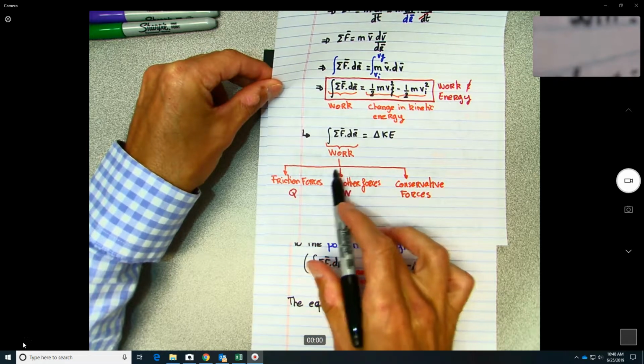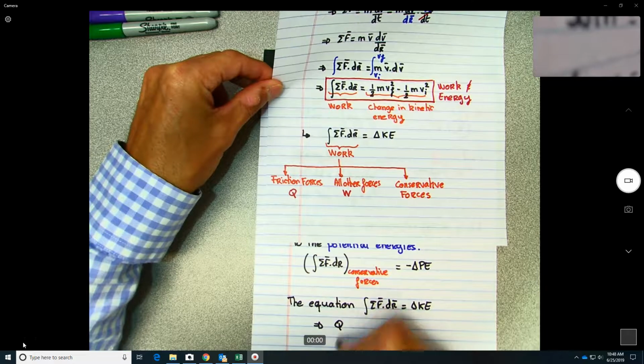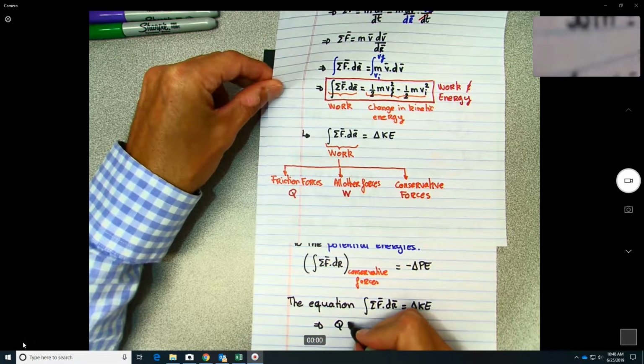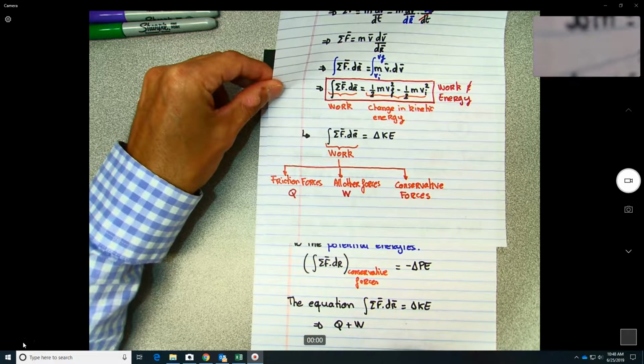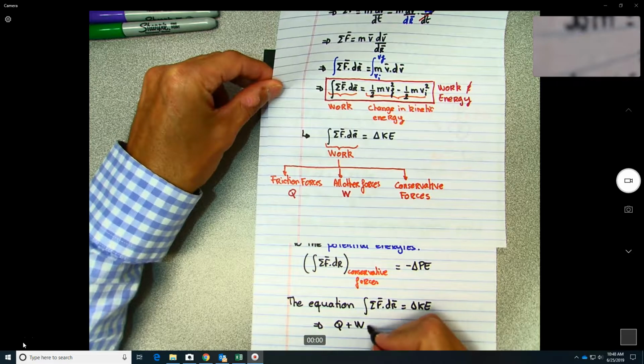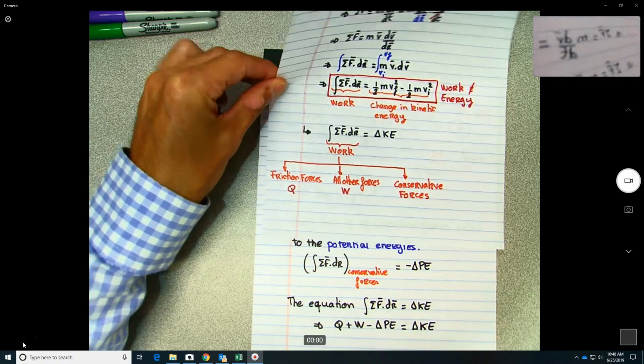The first term, let's say the work done by all the friction forces will be Q. Then the work done by all the other forces will be W. The work done by the conservative forces, we just say will be equal to minus delta PE, and this should be equal to the change in kinetic energy.